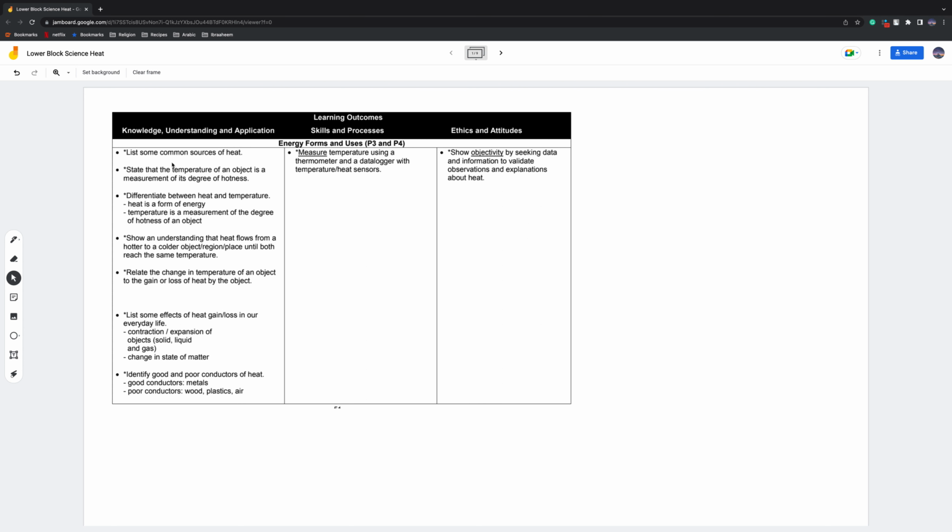Most of you know fire, a light bulb, and your electrical appliances, most of them will generate heat. So this one is quite simple and straightforward. If you go through the notes that I've linked in the description, you'll find some of these examples.